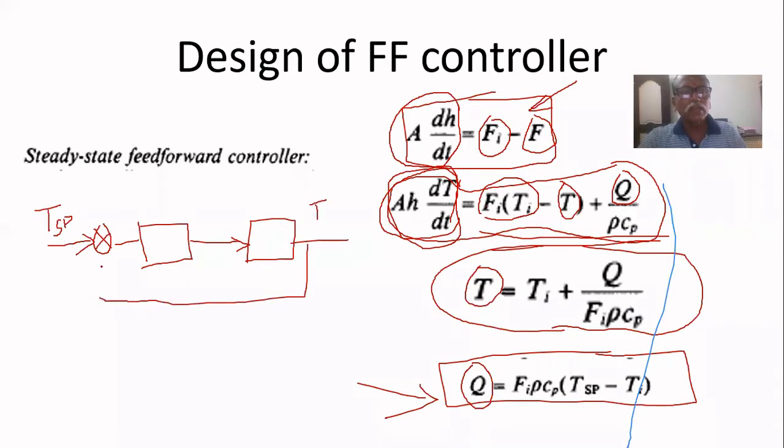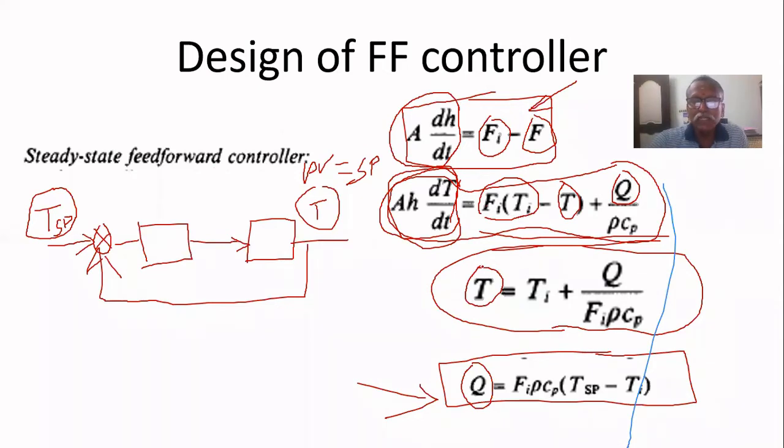So this is fed back here like this. What is our aim? We want to make T equal to the set point. What is the design objective here? We want to make T equal to T set point. This is the idea behind any controller: we want to make the output, the process variable, equal to the set point. PV must be equal to set point, which here means T must be equal to set point.